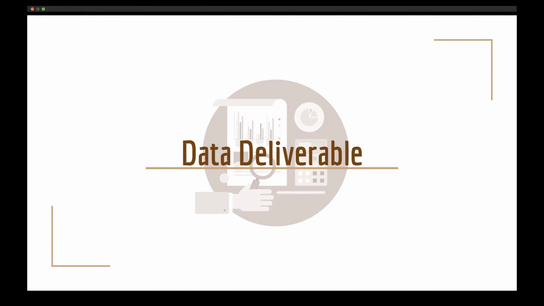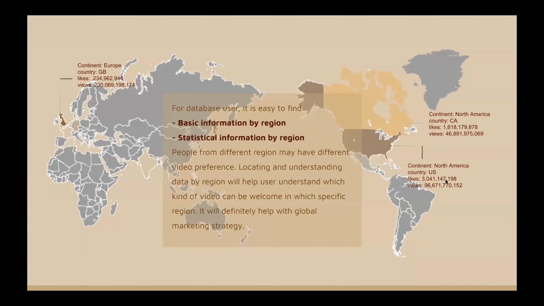So based on our database and our data visualization, we have several data deliverables. For the first one, in the background, it has a simple data visualization. It includes some information based on the region. So for data users, it's pretty easy to find basic information and some statistical information by region.